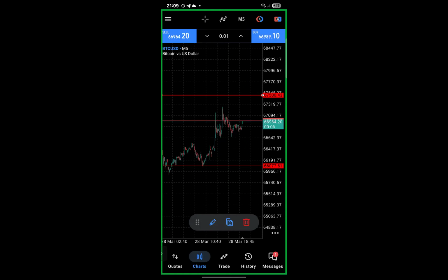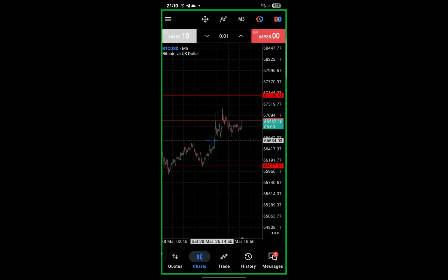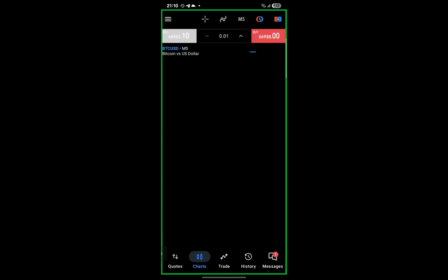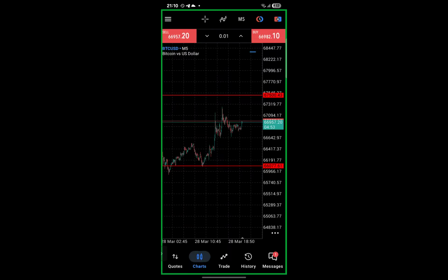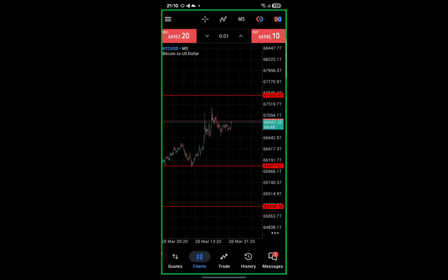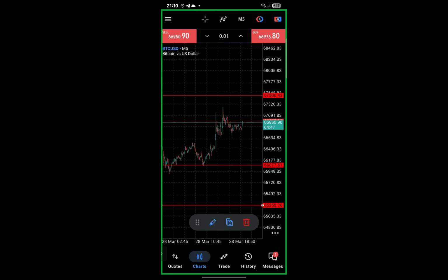So what I'm going to do now is put on that line here. So I entered the buy trade at this particular price. Let's assume the market did not go up.